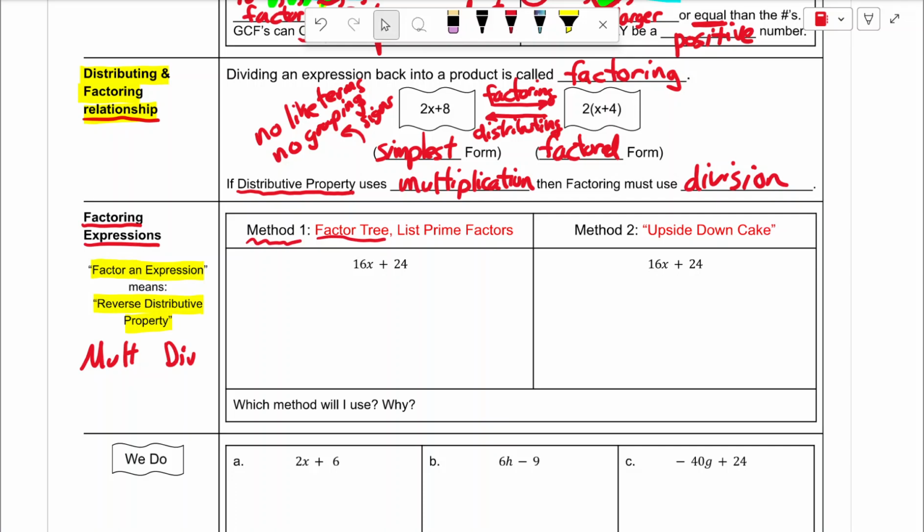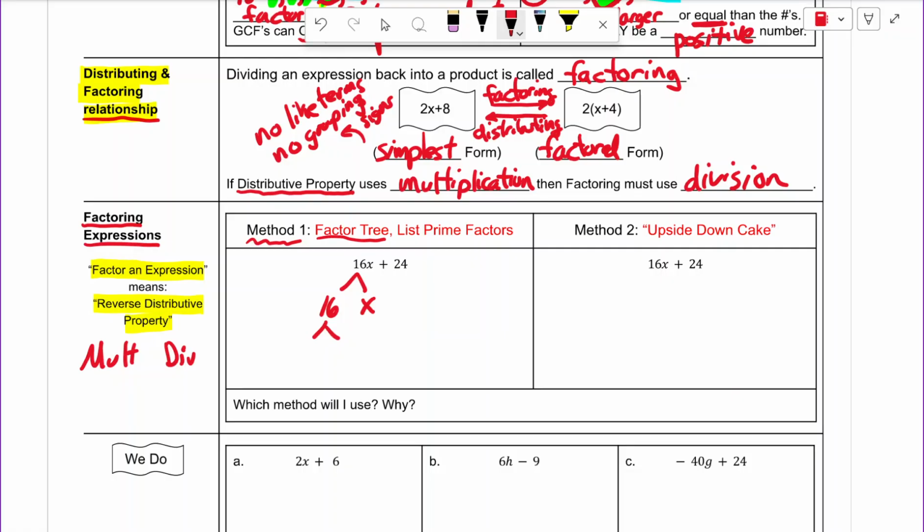So the factor tree looks like this. Put little sticks underneath it. That would be the top of the tree, and 16x would be 16 times x. And then you look to do that again. 16 is actually, you could say 4 times 4, you could say 2 times 8, you could say whatever you want.